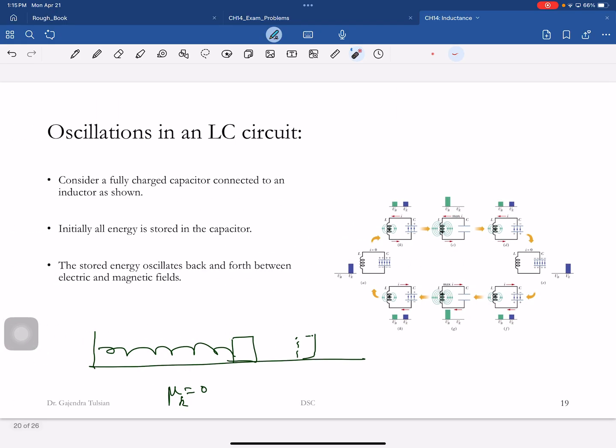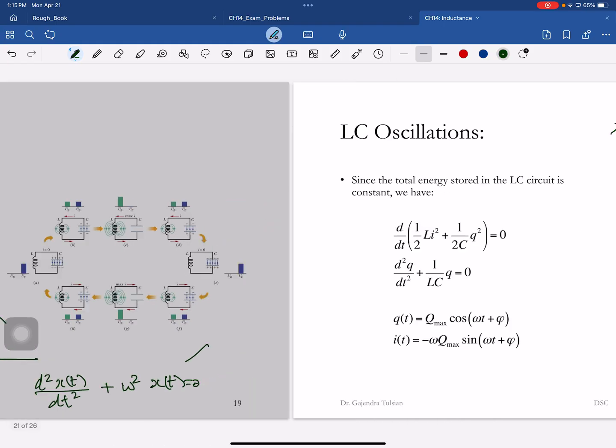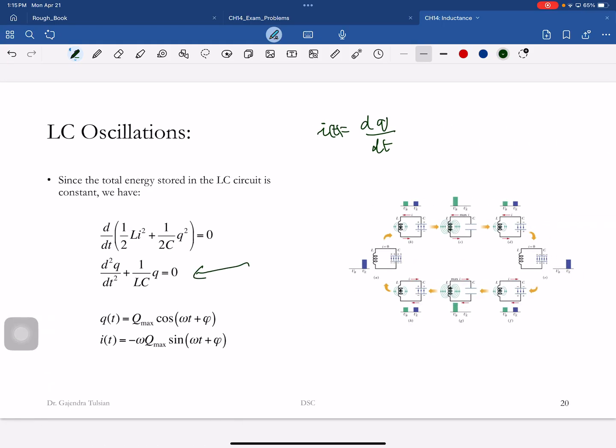This is exactly like the differential equation for x(t): d squared x(t) over dt squared plus omega squared x(t) equals 0. If you look at your notes, that's the differential equation for the position of the mass attached to the spring. It's exactly the same differential equation.